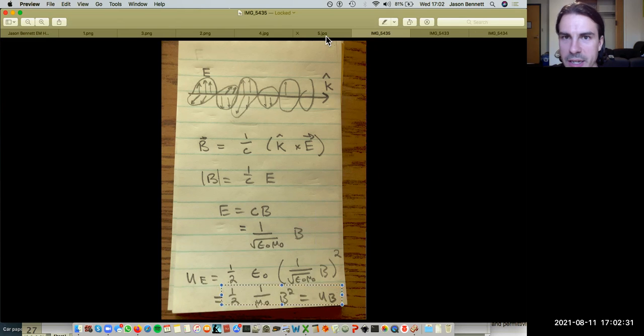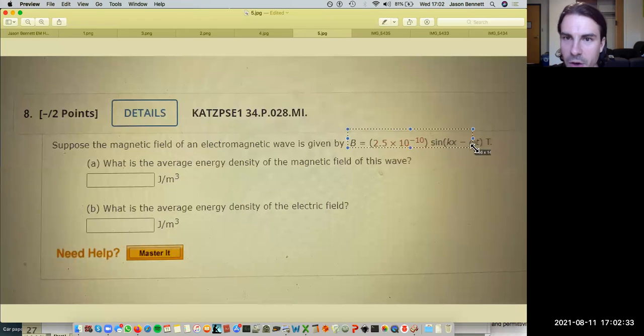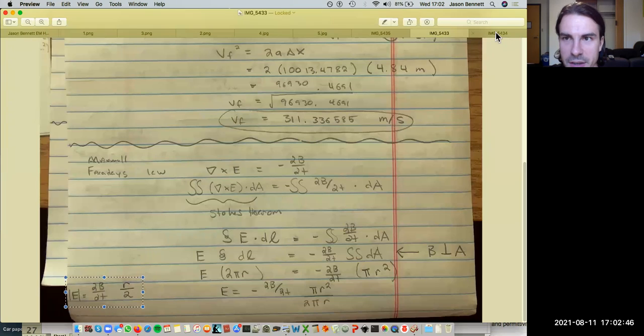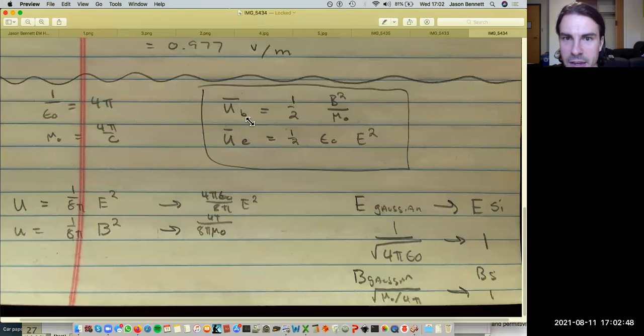So there's no need to ask, what's the electric field? I was only given the B. How do I get the E for this one? You don't need to, because whatever the energy density for the B field is, it's identical for the E field. So if you're given B, you can find both of them, or if you're given E, you can find both of them, vice versa.